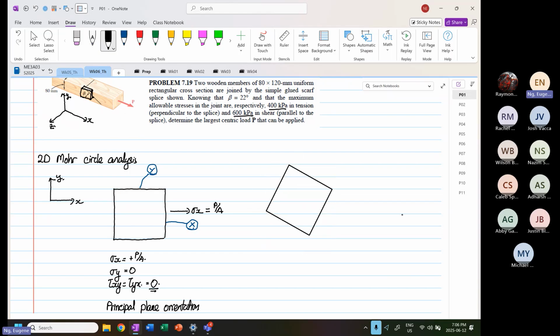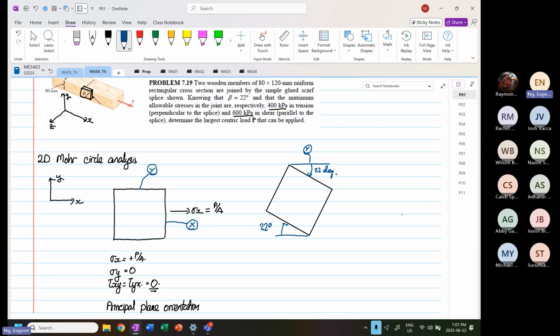When rotated 22 degrees, if we take reference with the diagram, it's rotated over here in a clockwise direction, 22 degrees. So from this Y, we are rotating by 22 degrees.